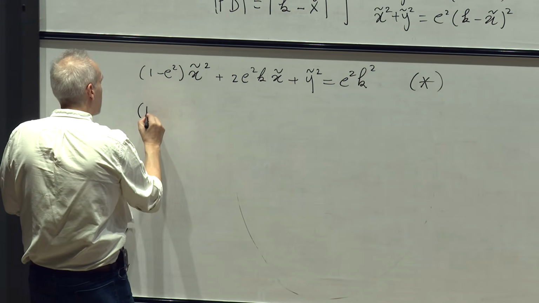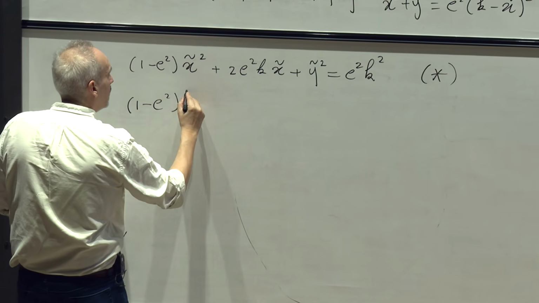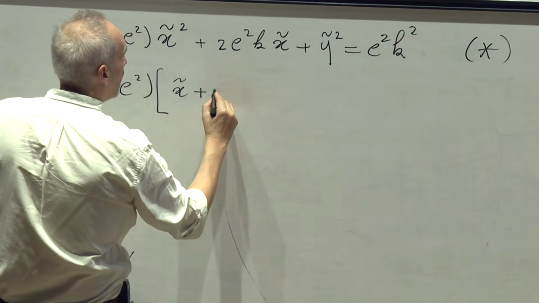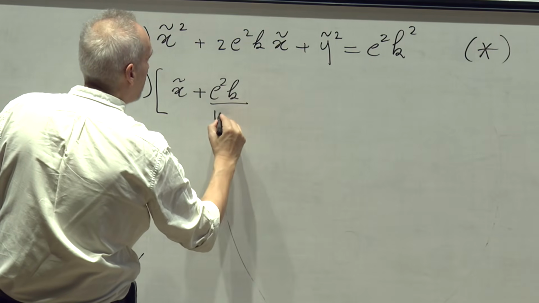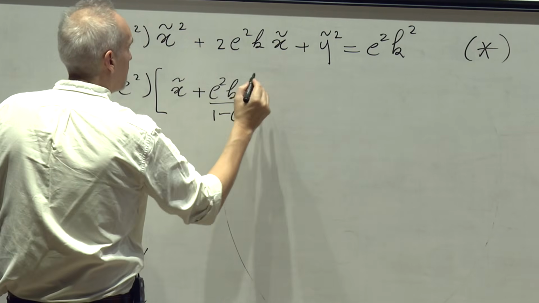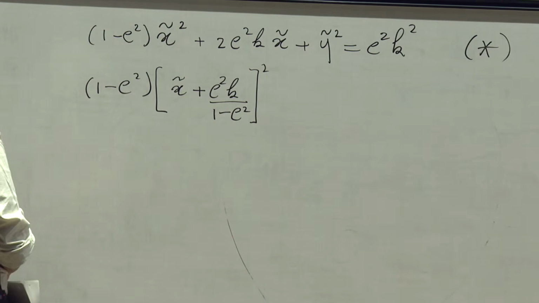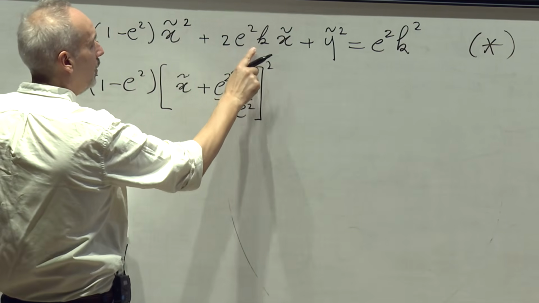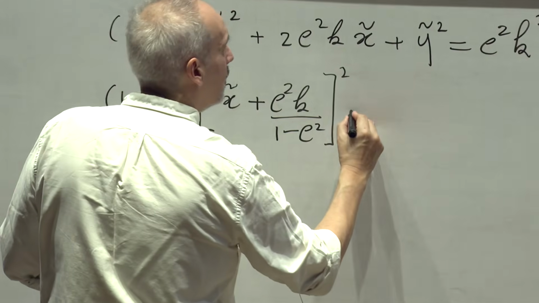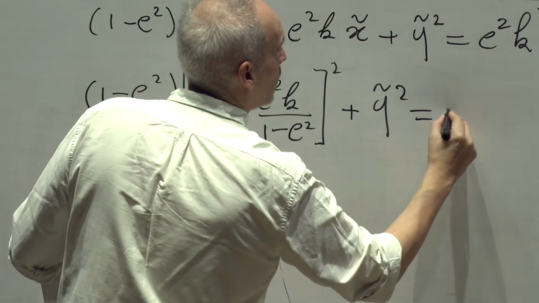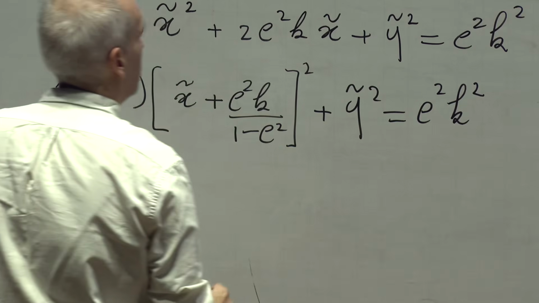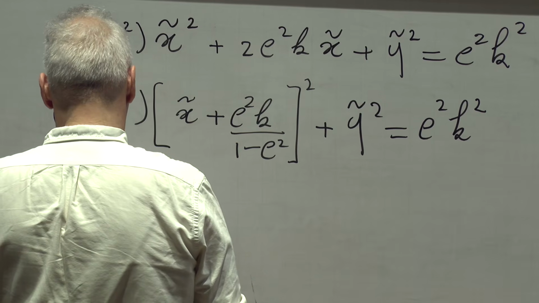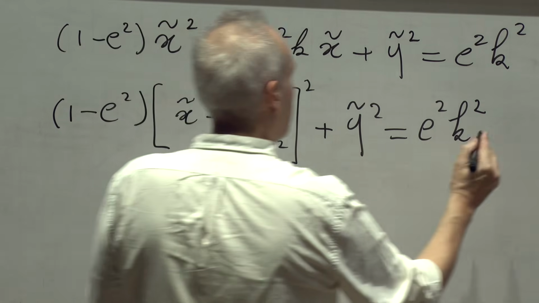So I can rewrite that as 1 minus e squared times x tilde plus e squared k over 1 minus e squared, and that's squared. So that takes care of these two first terms, but I've added one extra one, so I have to take care of that. So it's e squared k squared, so I have to remove it, so I add it here.